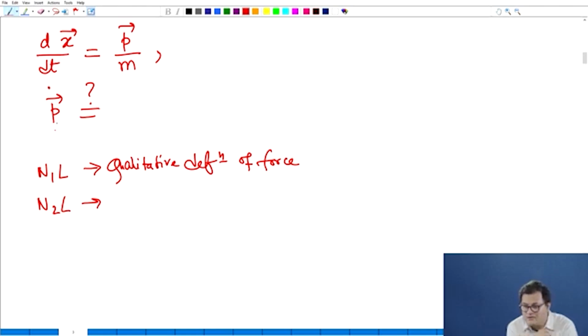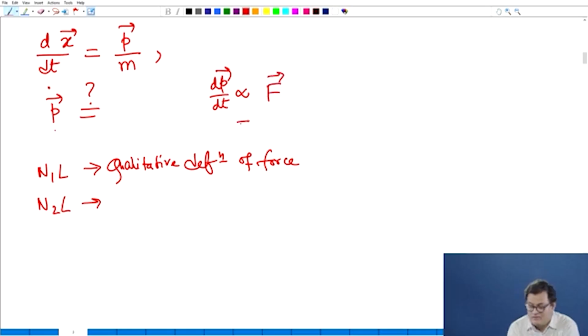That law says, and you cannot question it because they are the laws, that if p changes with time, then p dot, or dp/dt, will be proportional to that f.